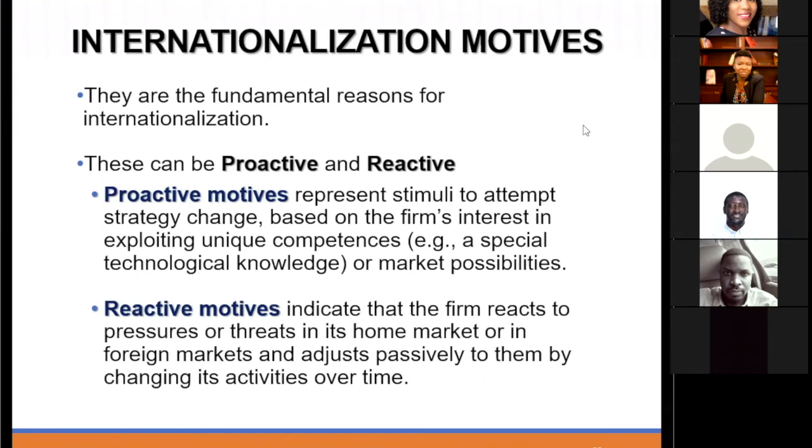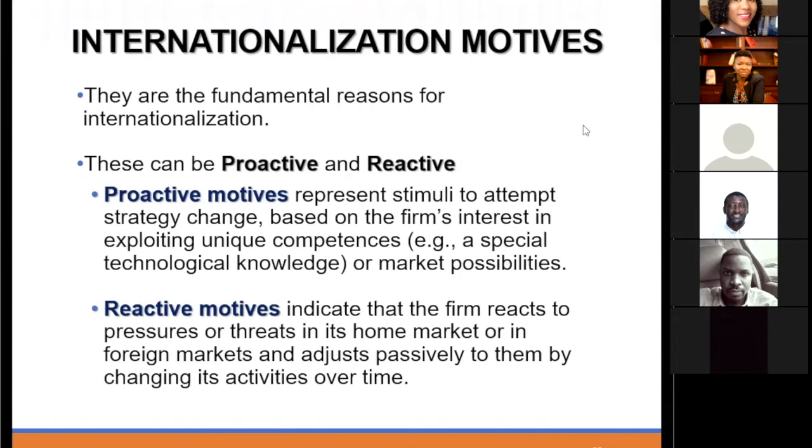Sometimes to exploit some unique competence that they have identified or take advantage of some market opportunity that they have observed in another market or in several markets across the world. Whereas reactive motives are usually in response or reaction to certain pressures or threats that the organization would have observed in their marketplace or in their sector.